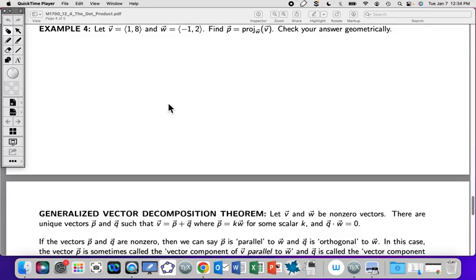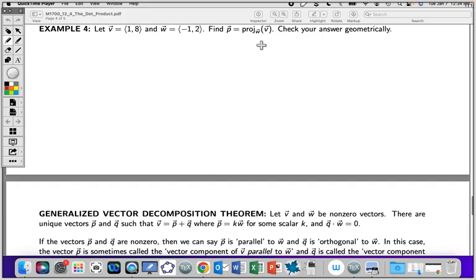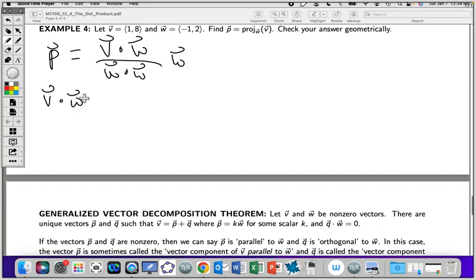I'll put all this together here for us. So we've got vector V, vector W. We're asked to find the projection of V on W and then check the answers geometrically. So, projection P: take V dot W over W dot W times W. So we're going to see how many W's the projection is going to be. We get V dot W: multiply the X components together, 1 times negative 1, and then add to it what we get when we multiply the Y's together, 8 times 2.